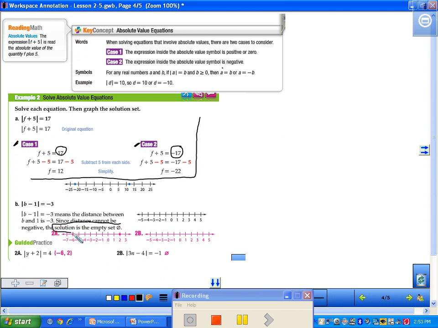Whenever you have a problem where the absolute value equals a negative, your answer is automatically the empty set, because you can't have the absolute value of anything be negative. Again, absolute value is the distance a number is from 0. So if your initial problem starts off in the negative, you don't have to work the problem. You just write empty set.